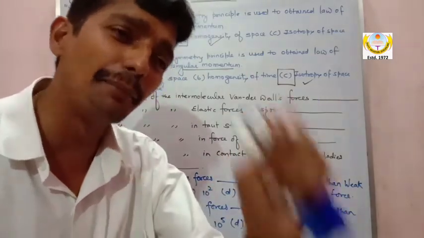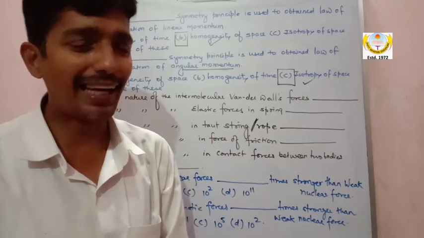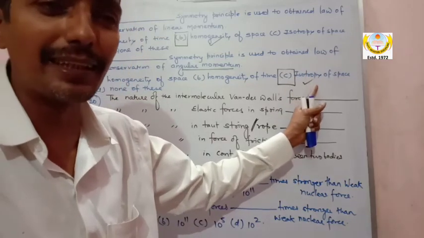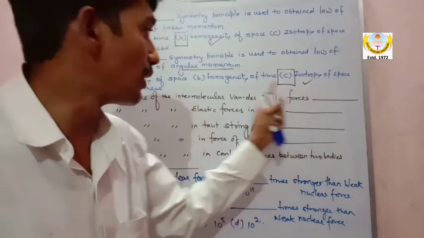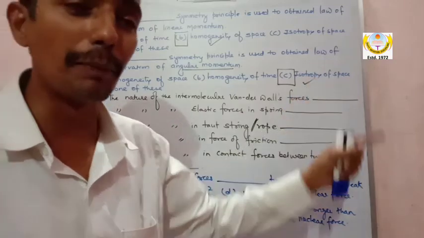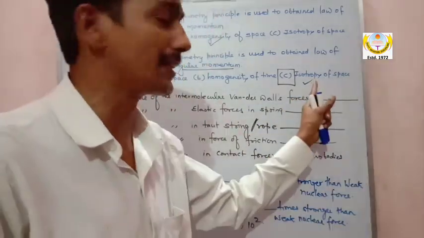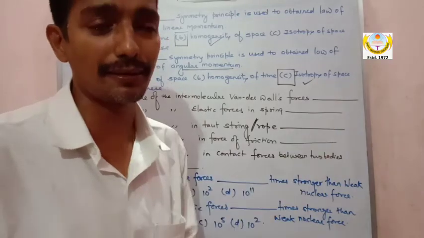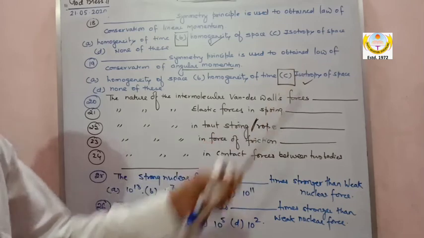At any time, the law of conservation of energy will take place. And since in space there is no preferred direction, the law of conservation of angular momentum will take place on the basis of no preferred direction in space. That is called isotropy of space. So take care, this is the answer: isotropy of space.